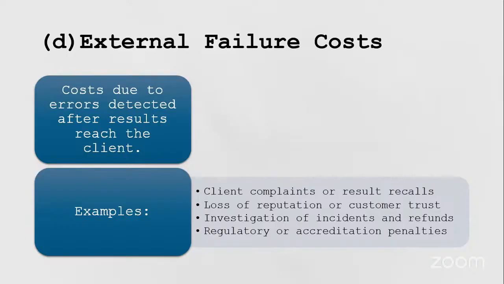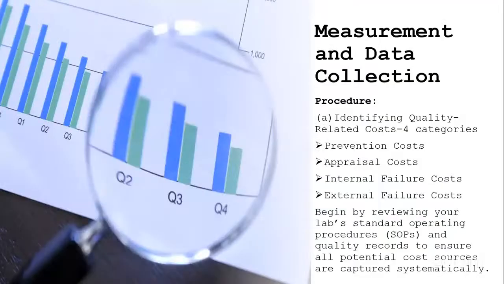What happens? It comes at a cost. So external failure costs are costs that arise from errors detected after results have reached the patient. And they are the worst kind of costs that you can ever encounter as a service provider.